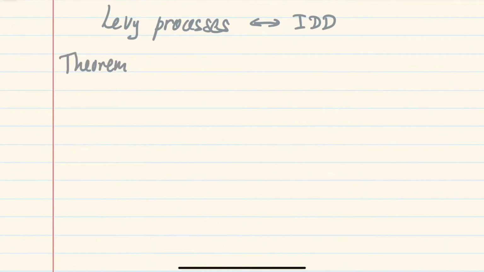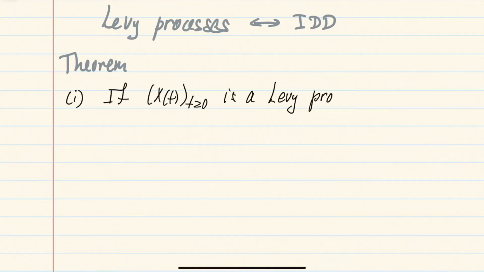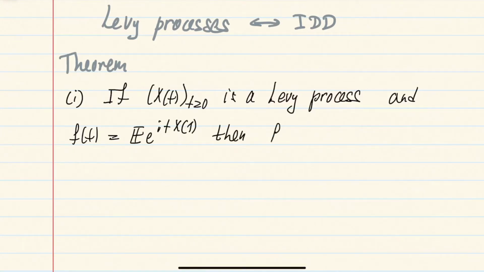In this theorem we show that first, if you have a Levy process and f of t is a characteristic function of this Levy process at time 1, then f to the power c is a characteristic function of a Levy process at time c for any positive c.